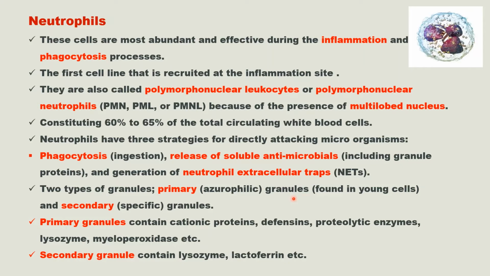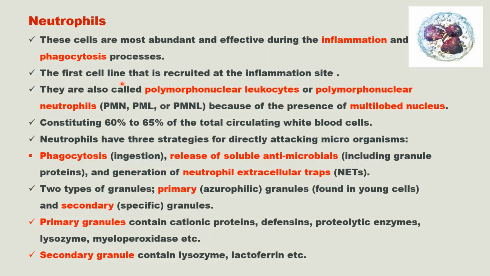Primary granules contain cationic proteins, defensins, proteolytic enzymes, lysozyme, myeloperoxidase, etc. These are some enzymes present inside primary granules, which are mostly found in young cells. Secondary granules contain lysozyme, lactoferrin, etc.